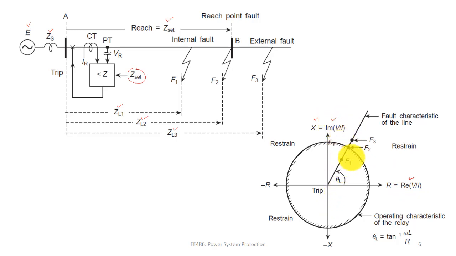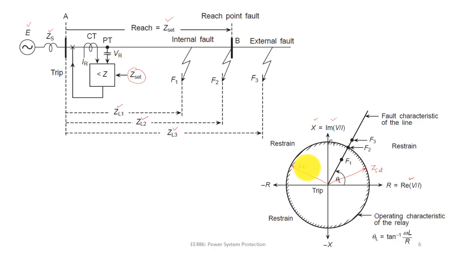So let us plot. For F1, this is your set value. If we plot the impedance using this Rx plane and considering the setting Z set, it will be a circle, right? Wherever we have it, this is your Z set, this is also Z set.